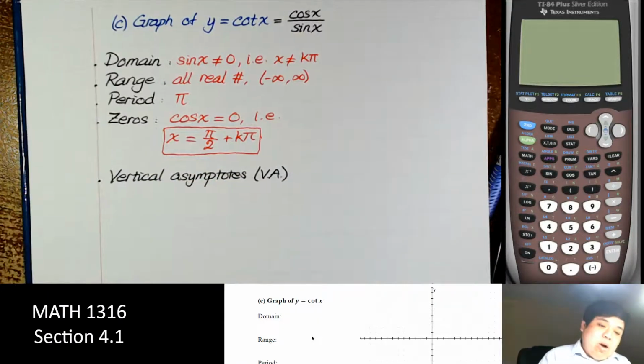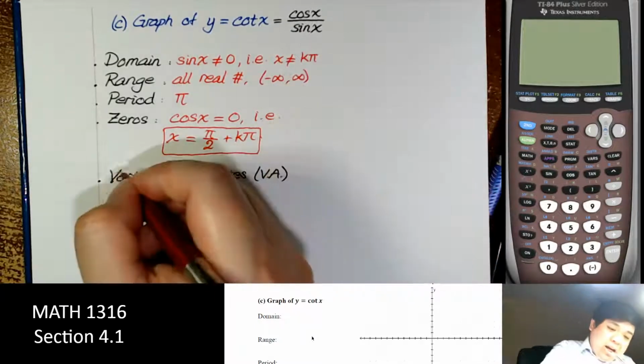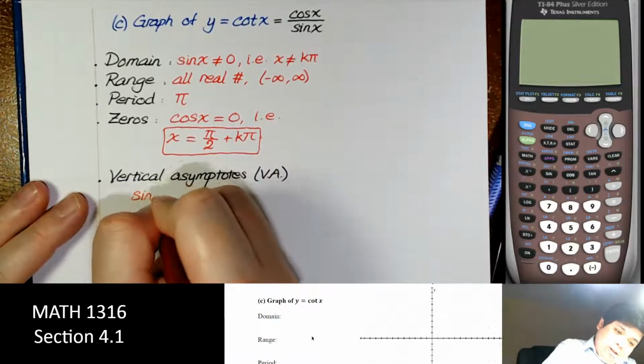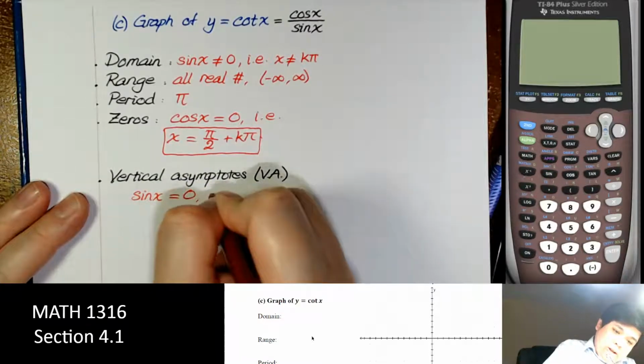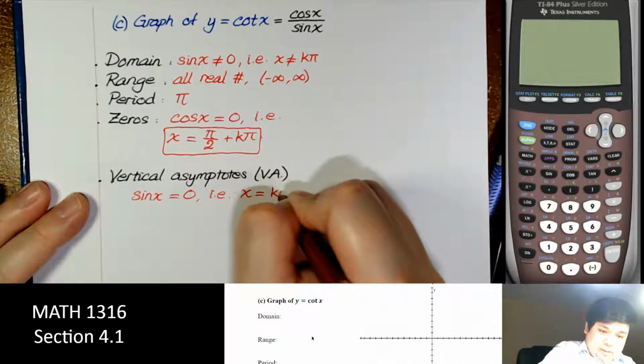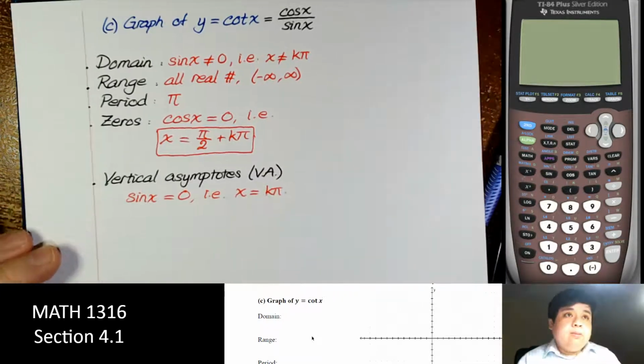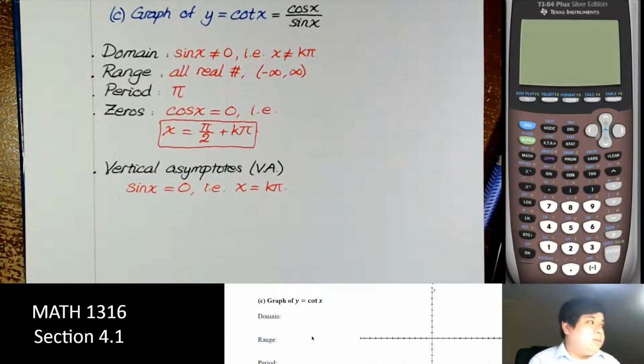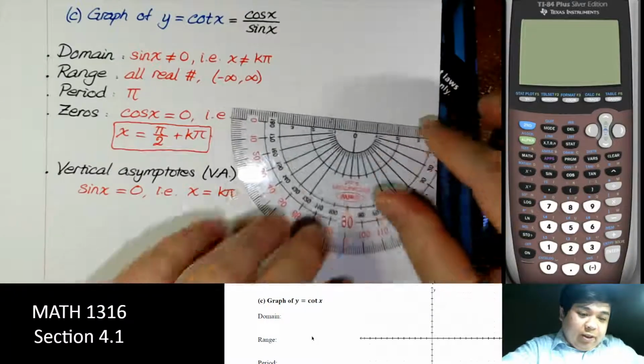And the vertical asymptotes are where the function is undefined, meaning where sin x equal to 0, meaning that x is equal to k pi. Alright. Now focus on the graph.